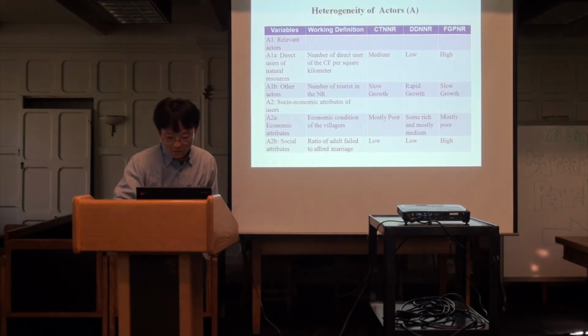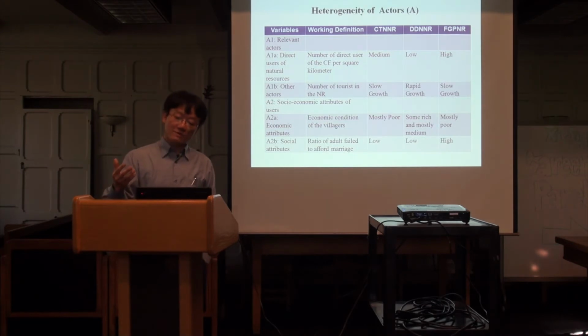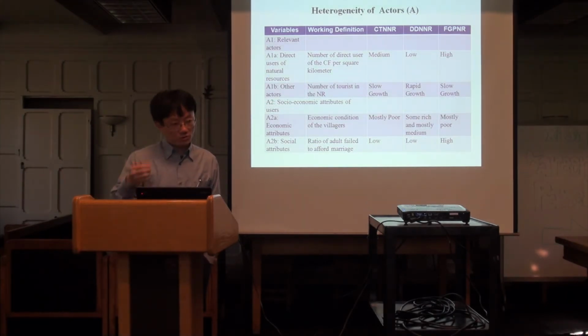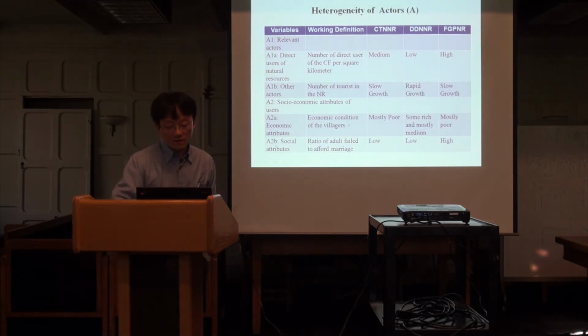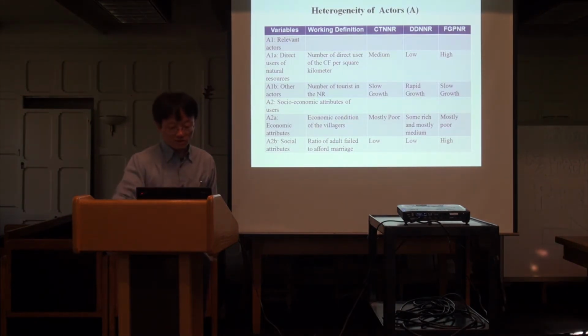And for tourists, you might find for the second nature reserve, the number of tourists actually grows rapidly. And for economic condition, you might find the first one is very poor, and the third one is mostly poor. Very interesting is the final one.